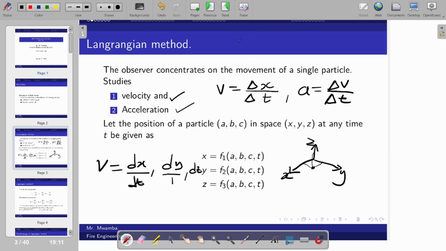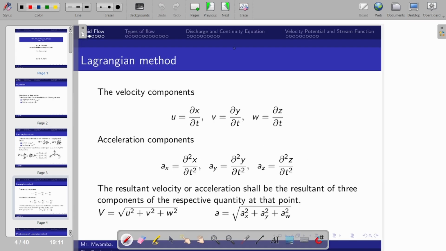How do we get that velocity? The change along the x-axis with respect to time will give us the velocity along that direction, the u.